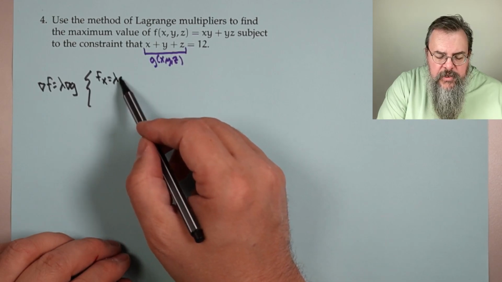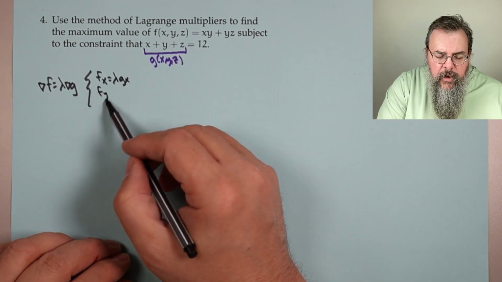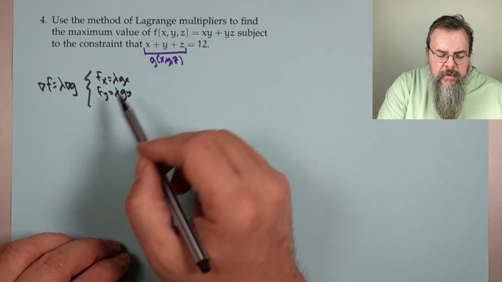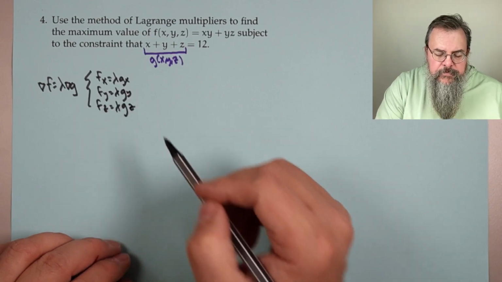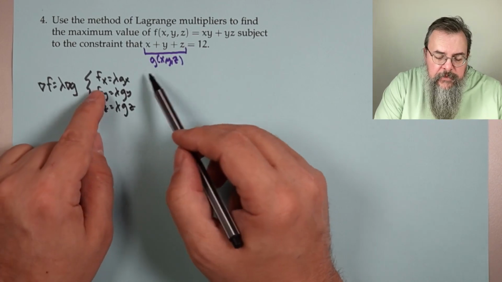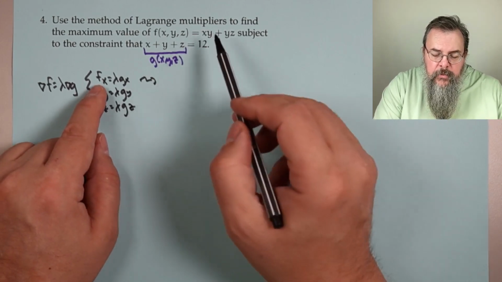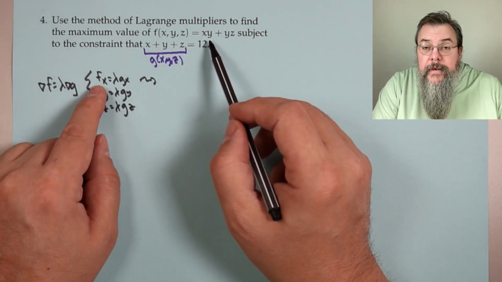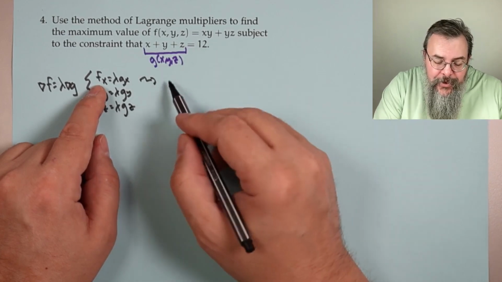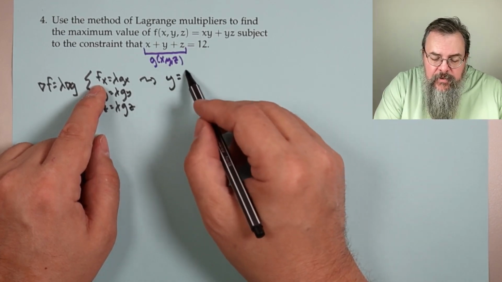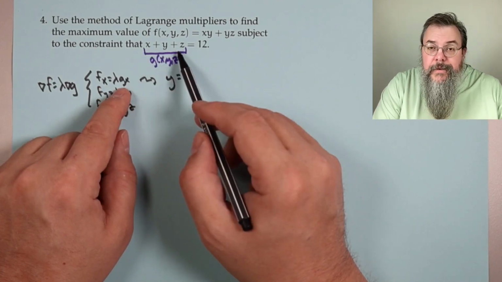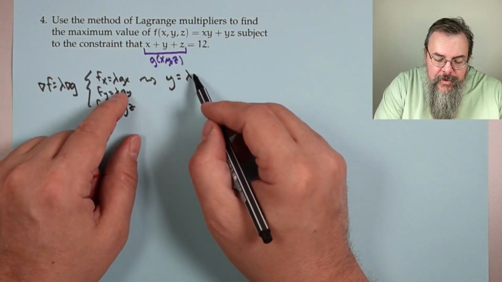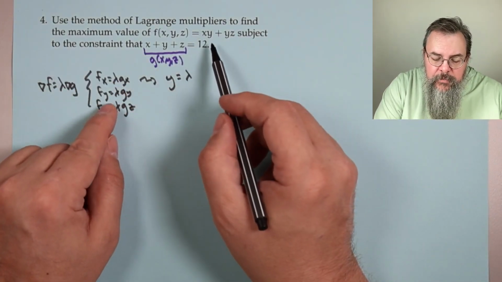F sub x equals lambda g sub x, F sub y equals lambda g sub y, F sub z equals lambda g sub z. Now, what is f sub x? Well, it's y. That's it, right? So y equals lambda. What is g sub x? 1. All right, that's easy. How about what is f sub y?